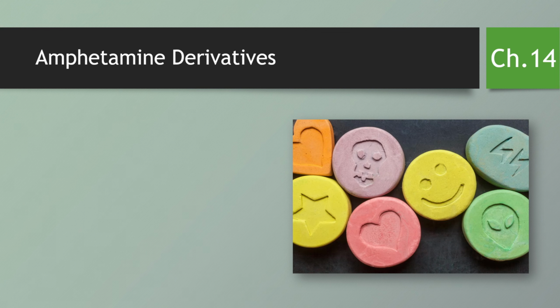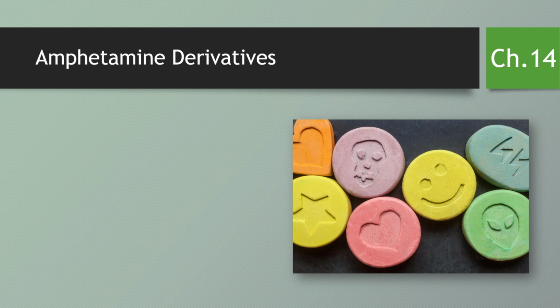So let's talk about some amphetamine derivatives in the form of psychedelics. We're shifting gears a little bit here. A large group of synthetic psychedelics is chemically related to amphetamines. We talked about amphetamines before, and some of these psychedelics that are synthesized have some chemical similarities to them, so we can see similar effects.